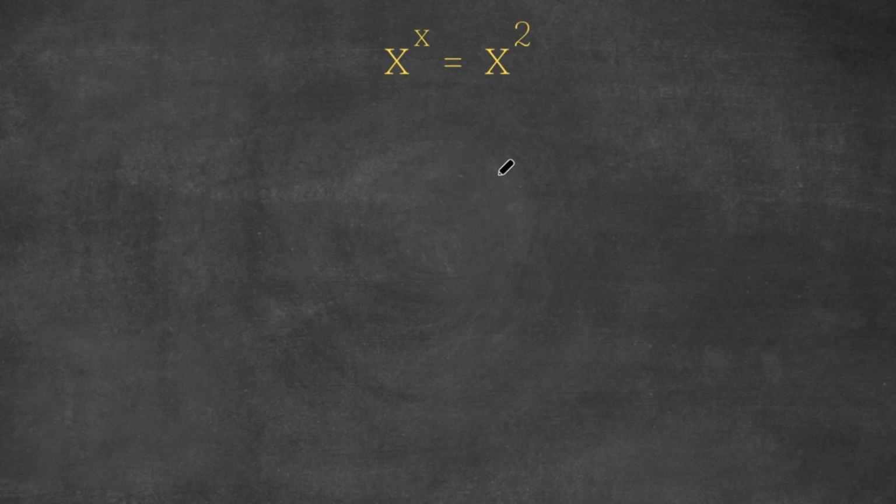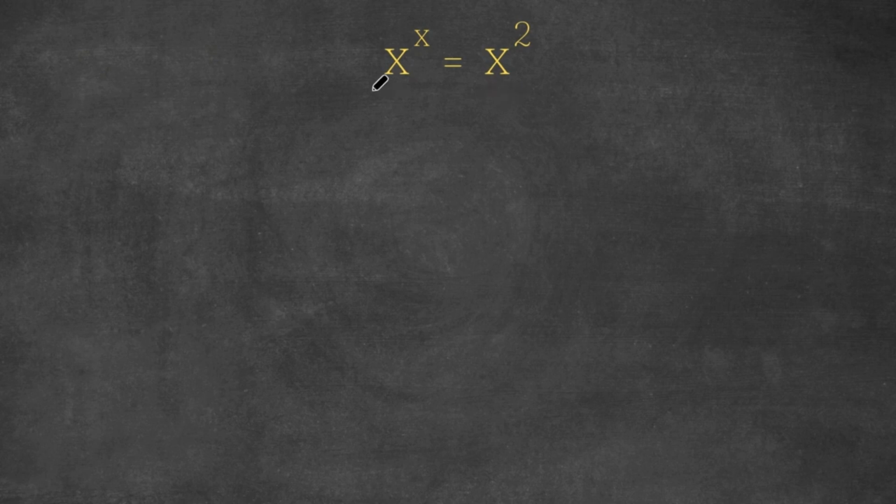In today's video, I'm going to be teaching you guys how to solve this exponential equation. So I have x to the power of x is equal to x to the power of 2. Now what I'm first going to do is divide both sides by x to the power of x.